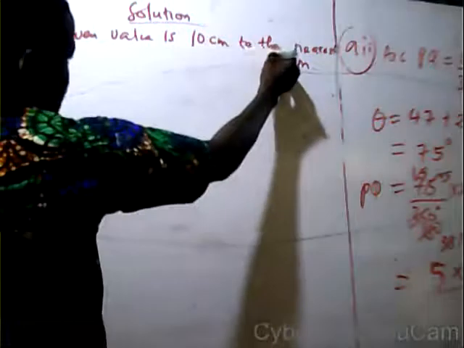That nearest centimeter simply means to the nearest 1 centimeter. That's the meaning of it.